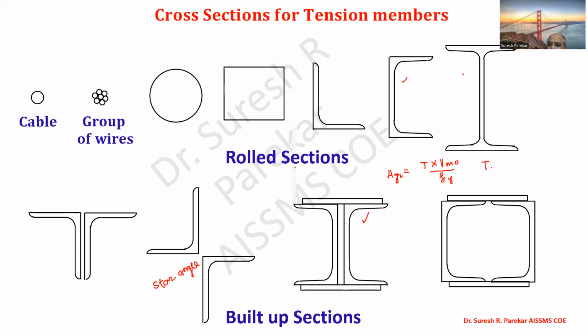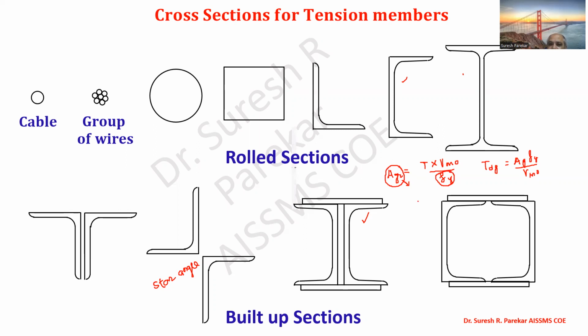We have the formula in section 6: Tdg is equal to Ag Fy upon gamma m0, and we are going to modify it and write Ag required equal to T into gamma m0 upon Fy. And by using this, we are in a position to calculate the value of Ag required. So here we have to keep in mind two main things: Ag required we are going to calculate from here, and our Fy value is constant.